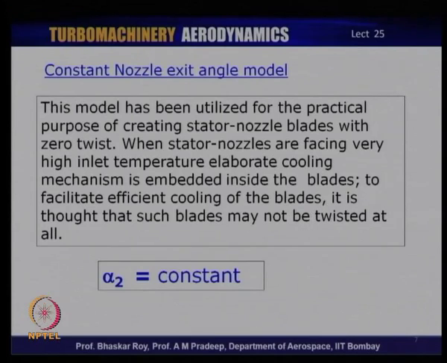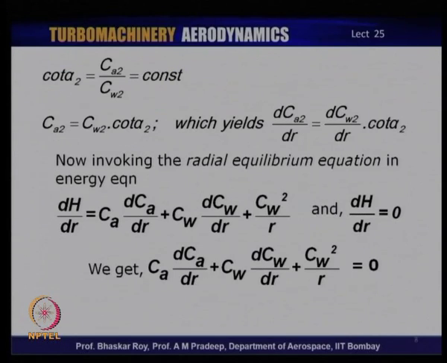So, with this simple invocation of the constant exit angle, if we move forward, what we get is a simple mathematical model in which now cot alpha 2, which is equal to C A 2 by C W 2, the ratio of axial and wheel component.